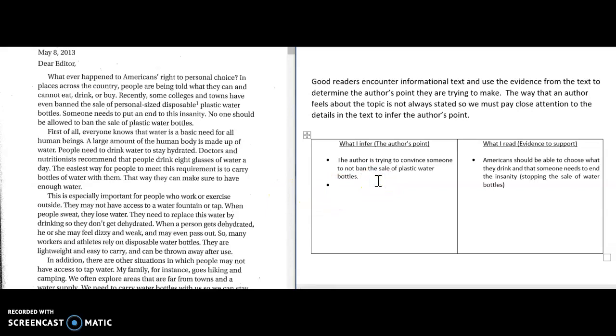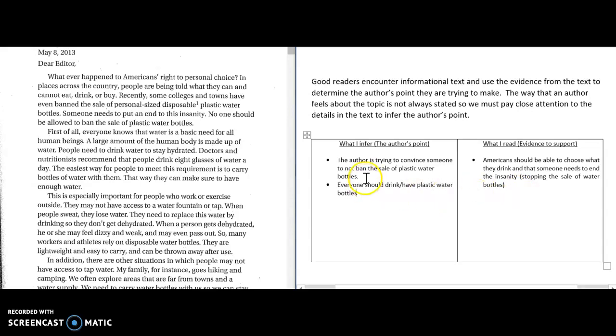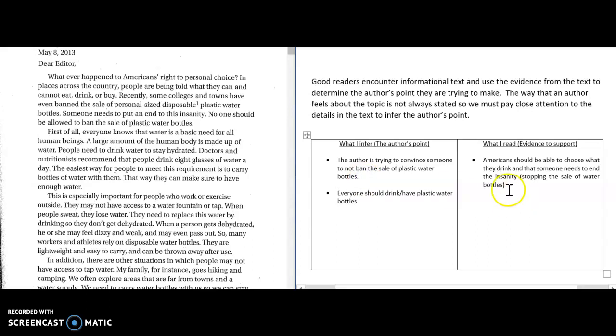So what I'm inferring is that everyone should drink or have plastic water bottles. Again, it doesn't necessarily say that, but what I did read was that humans need water to stay hydrated.